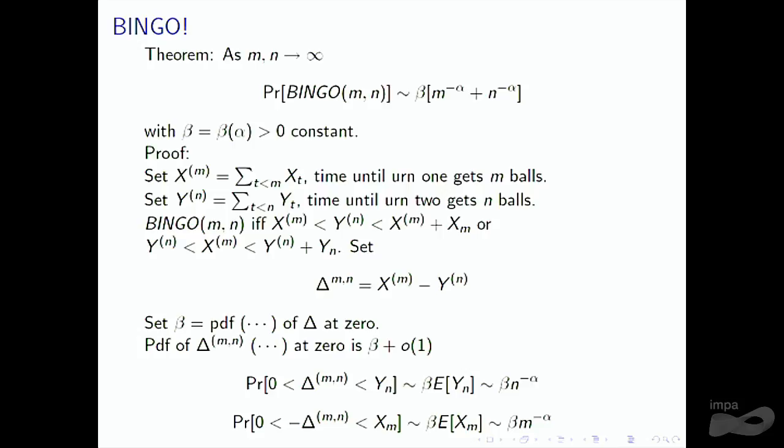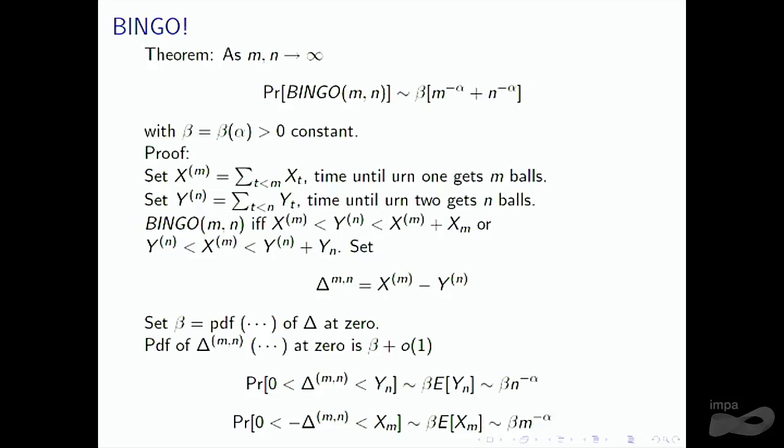You wait until the first bin gets m balls, and until the second bin gets n balls, and you look at the time delta between them. Well, there are two cases depending on which one comes first, but they're similar.